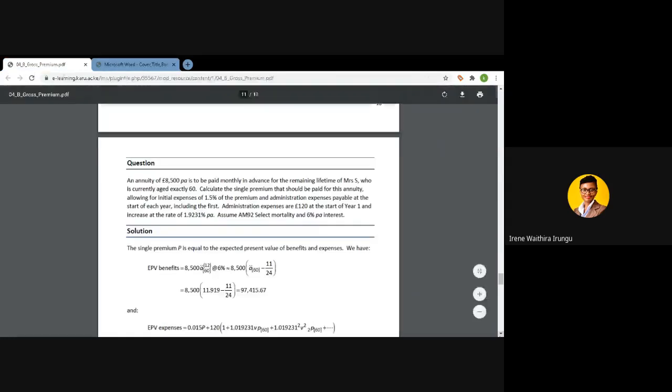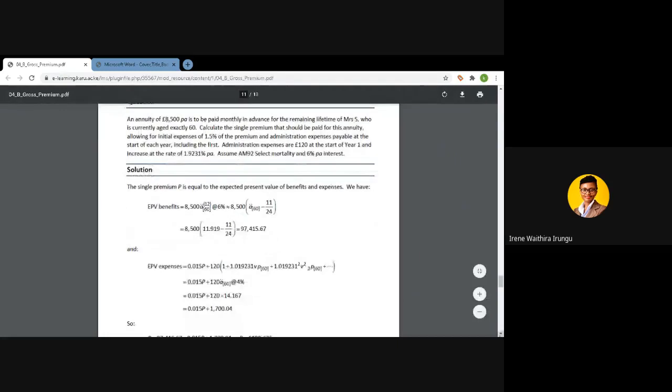Now we look at the EPV of the expenses. We are told to allow for an initial expense of 1.5% of the premium. First of all, 1.5% of the premium will simply be 1.5% of P. Then an administration expense payable at the start of each year, including the first.